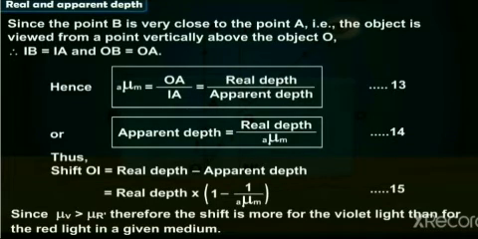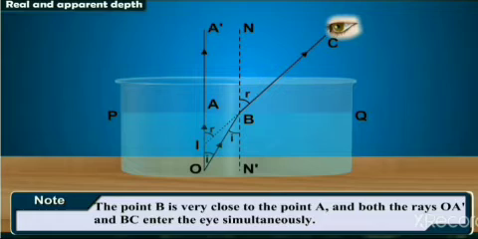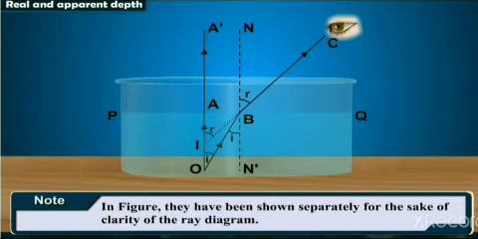Since mu V is greater than mu R, therefore, the shift is more for the violet light than for the red light in a given medium. Note, the point B is very close to the point A, and both the rays OA' and BC enter the eye simultaneously. In the figure, they have been shown separately for the sake of clarity of the ray diagram.